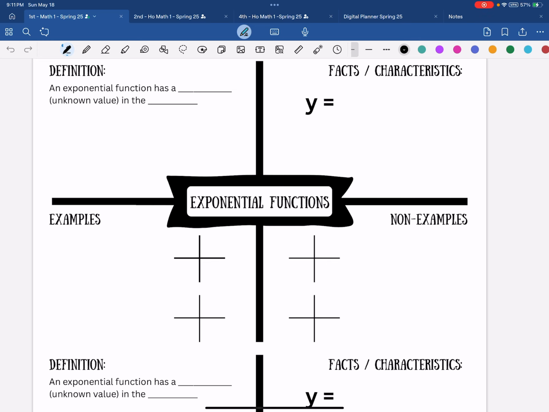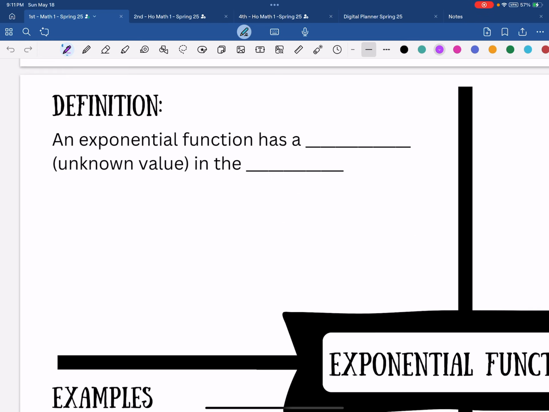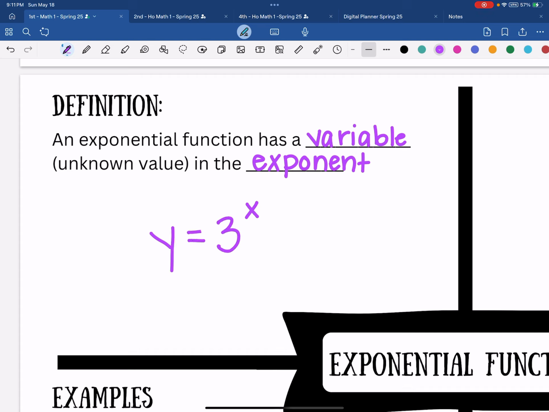So basically what you need to know to start off with for an exponential function is that an exponent has a variable, which is the unknown number, and the variable is always in the exponent. An example of that would be y equals 3 raised to x.